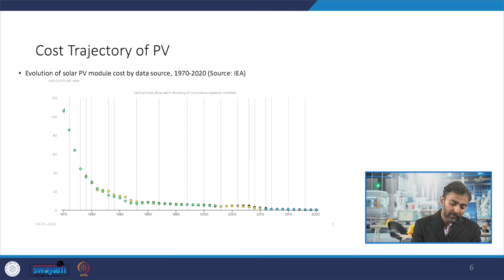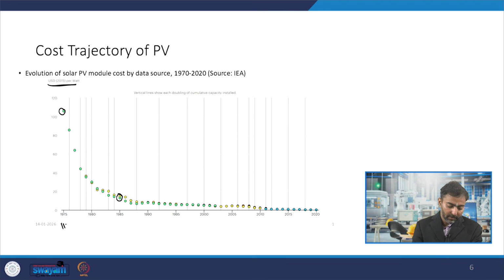At that point of time, the cost of solar PV, in 2015 US dollars per watt, was around $110 per watt, which was an exorbitantly high price. But within a very short span, in the mid 1970s and 1980s, a lot of research started happening. So by 1985, in 1 decade, this price had come down from $110 per watt to maybe around $15 per watt.